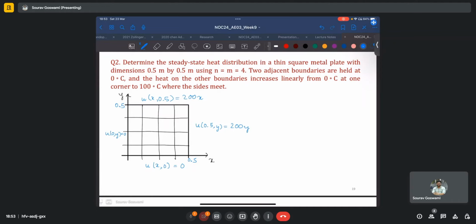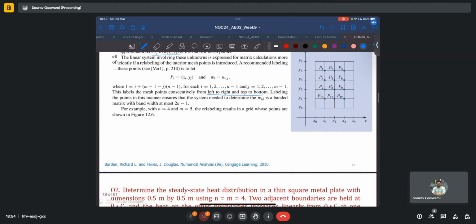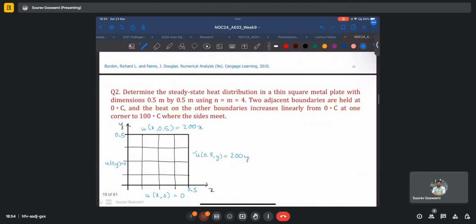Same for this other edge here. So this formulation works. And let us just label the interior points, P1, P2, and so on. So now we have the solution domain visualized.